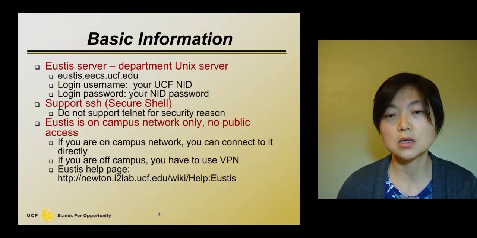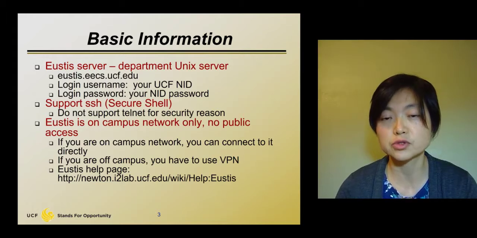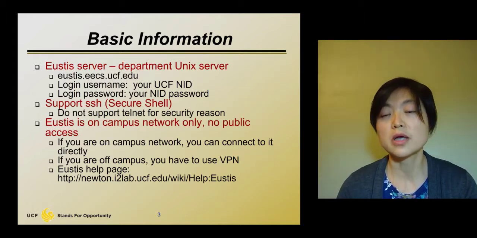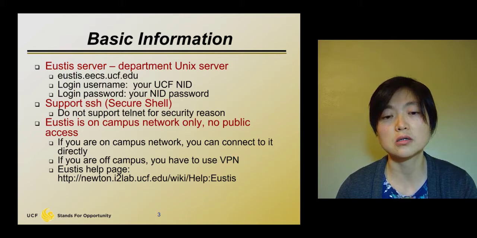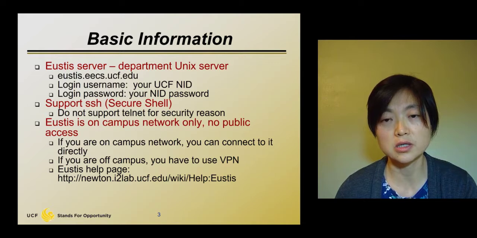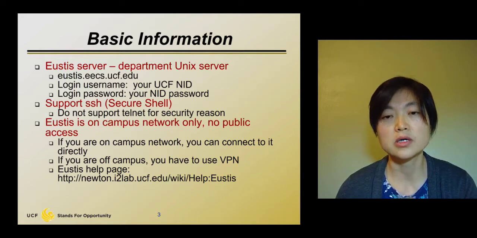If you ever accessed UCF resources, you probably have used your NID before. NID is tied to your myUCF page, tied to a lot of accounts, like when you access your grades. So by now, hopefully you already know what NID is. And the NID password is your current NID password.